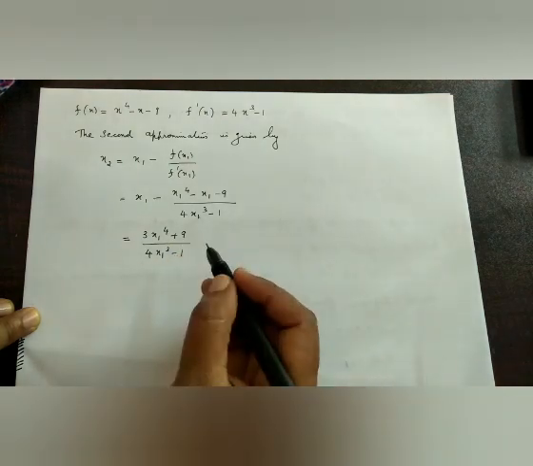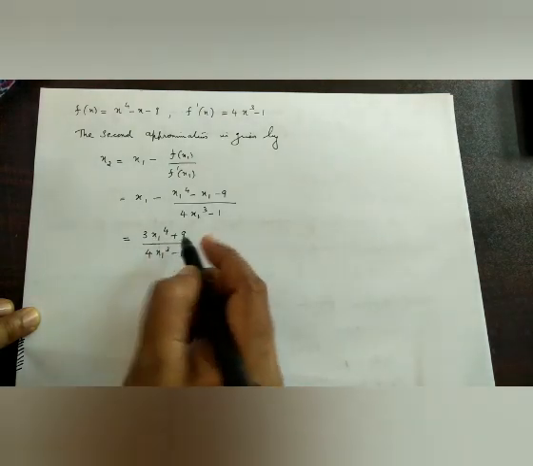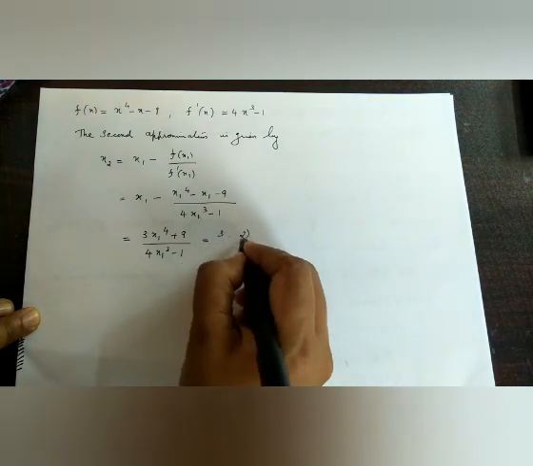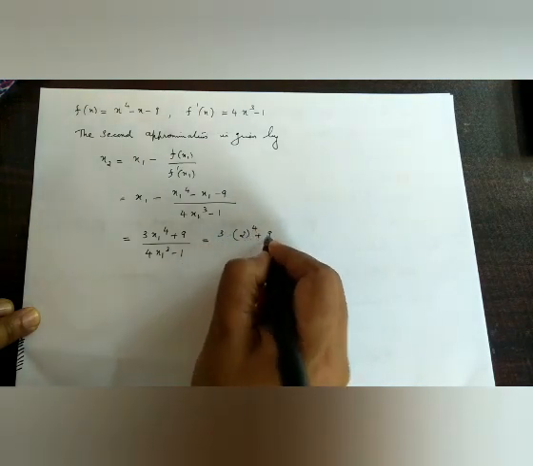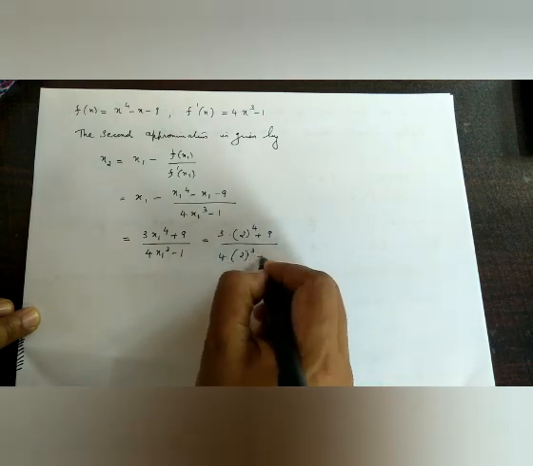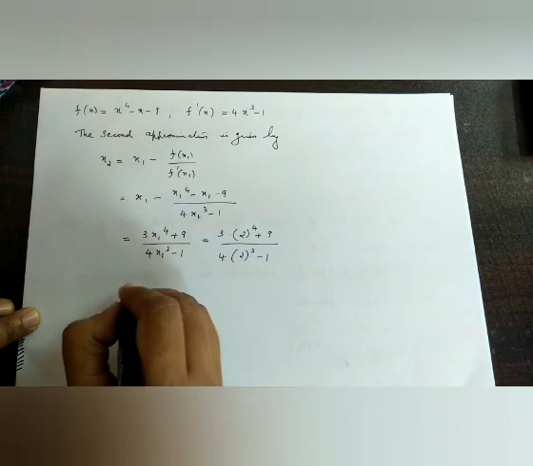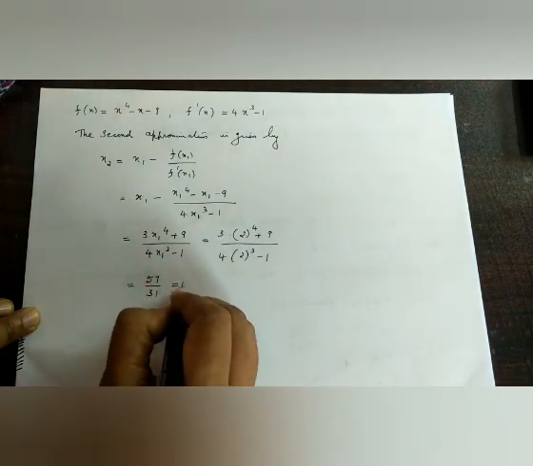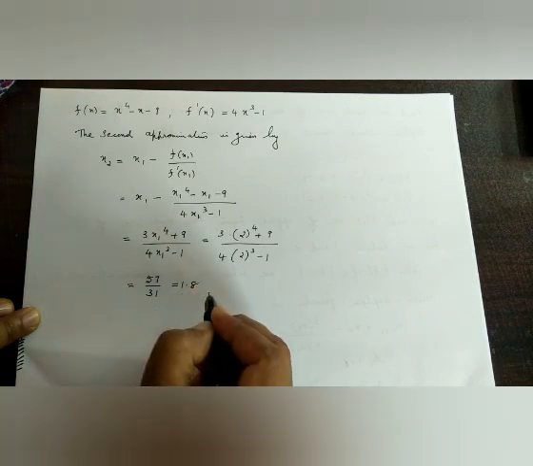Now we can substitute the value of x1 = 2: (3 x 2^4 + 9) / (4 x 2^3 - 1). On solving, we get 57/31, which is equal to 1.8.